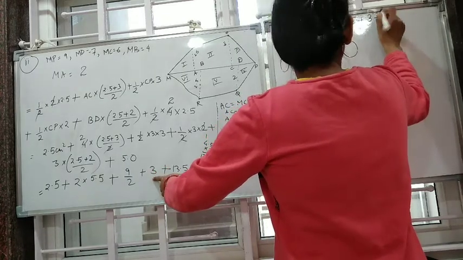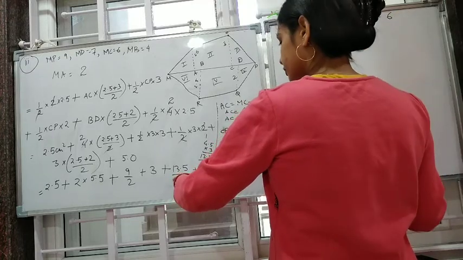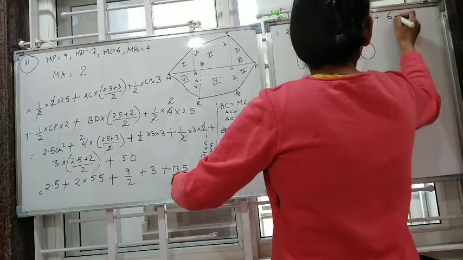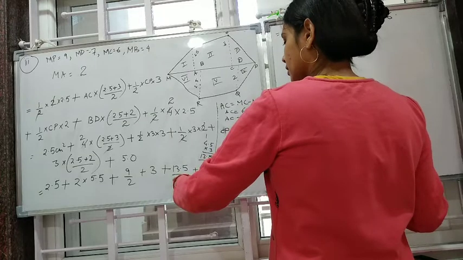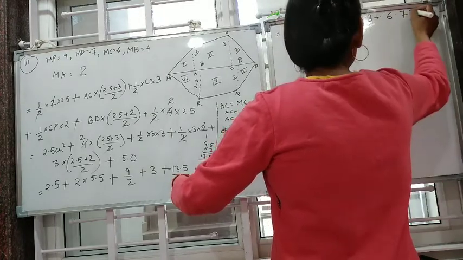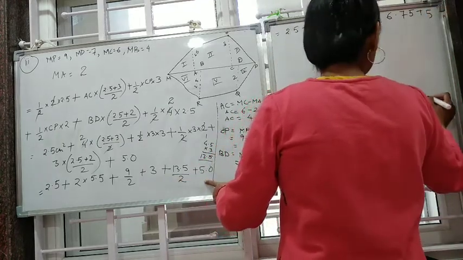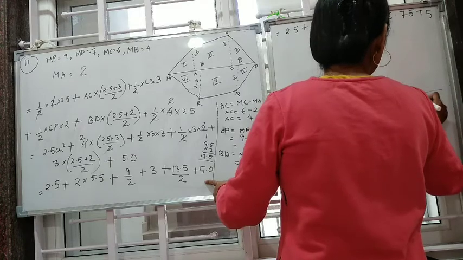This remains 3 and this becomes 2 6s are 12, 7s are 14, 6.75, plus 5, 13.5. Let's check, children.